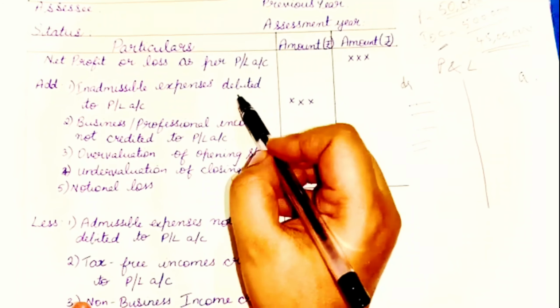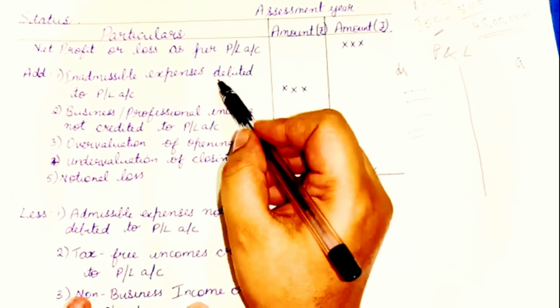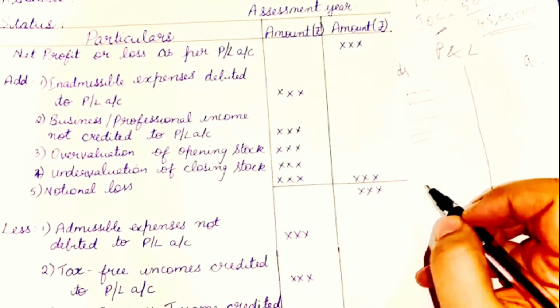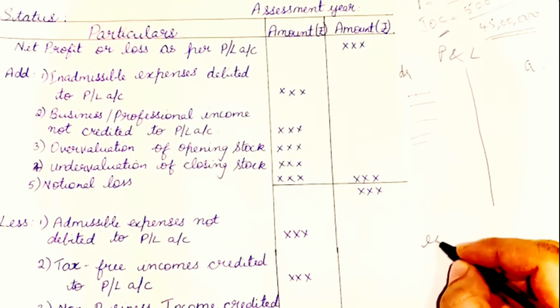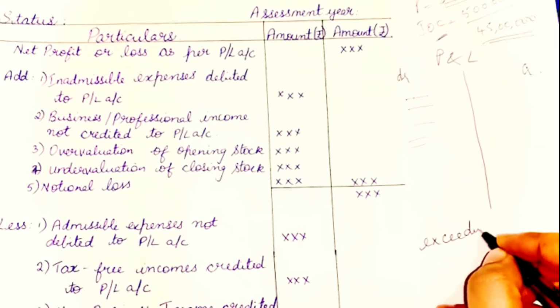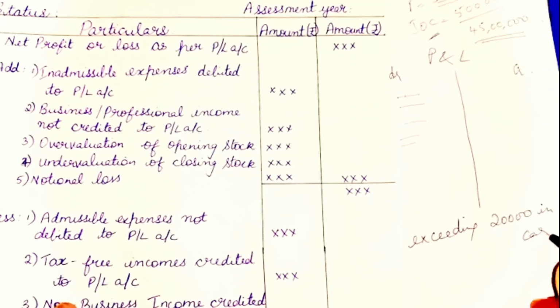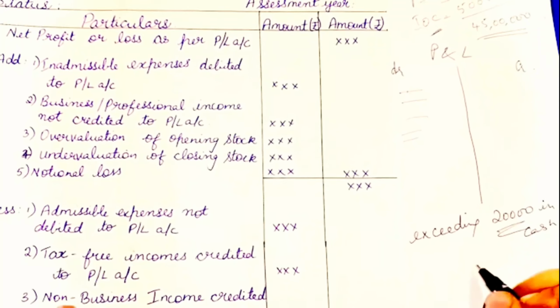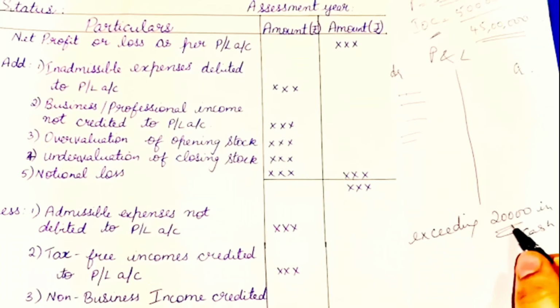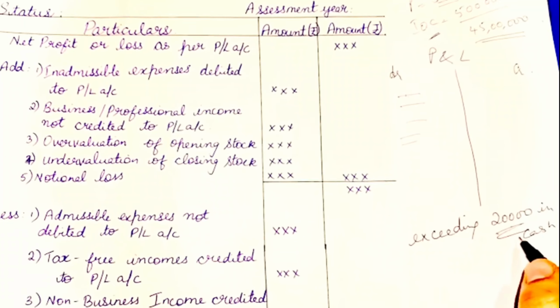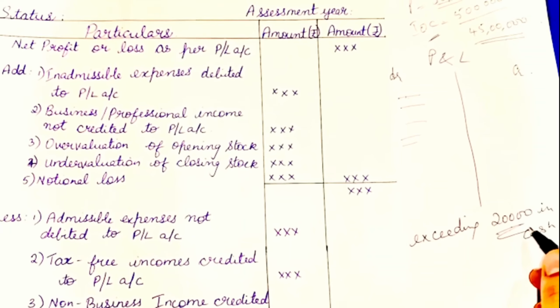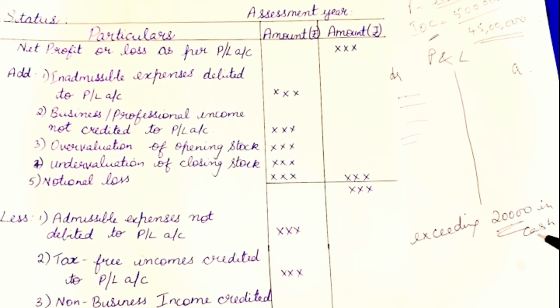And another main condition under inadmissible expenses is any expense which is exceeding 20,000, and it is paid in cash, then 100% of such payment is inadmissible. Now, the reason why we are telling as inadmissible is when you pay in cash, maybe you're paying only 25,000, but you may claim a receipt of 30,000, 35,000.